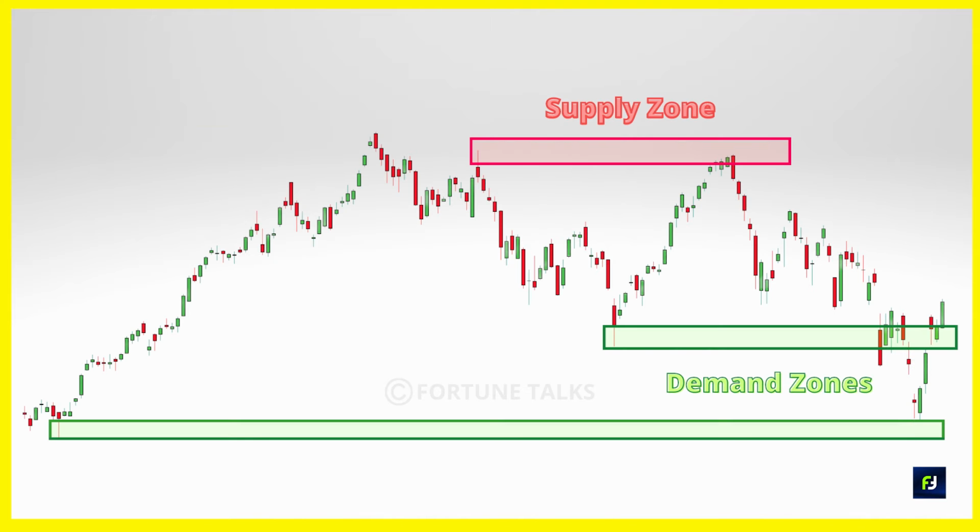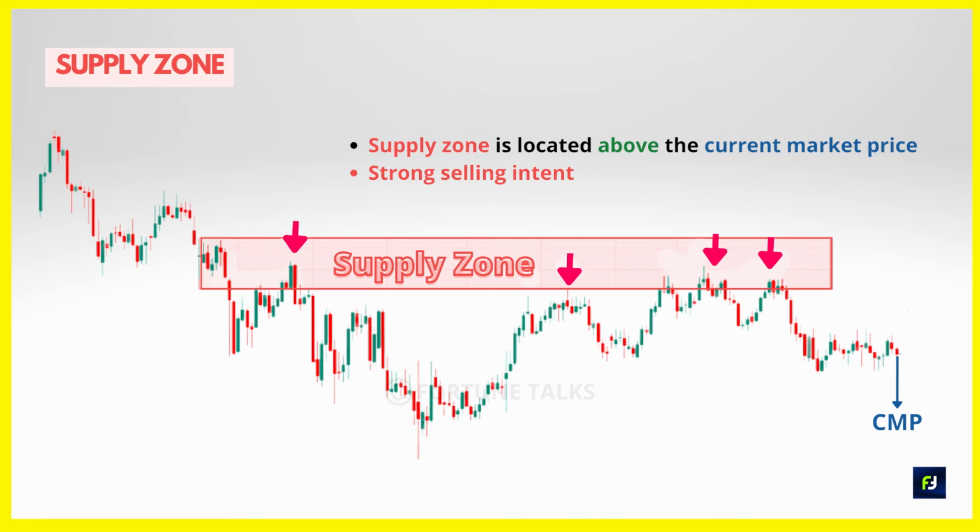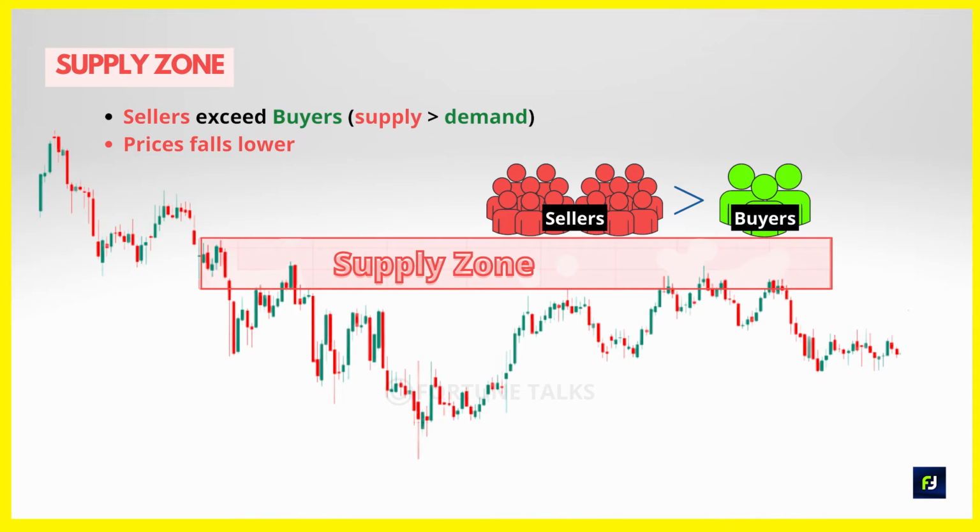Now, having understood the supply and demand concept, we need to define supply and demand zones and understand how prices move on the chart. Basically, a supply zone is located above the current price where there is a strong selling interest. At a supply zone, sellers exceed buyers and price moves down as unfilled orders get absorbed.